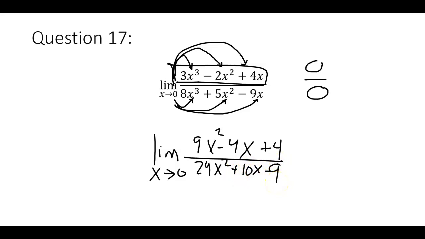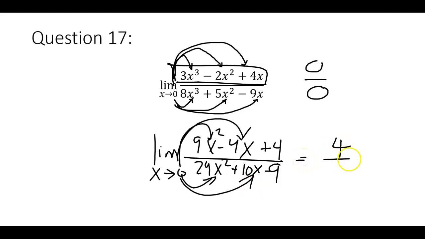Let's plug in 0 again and see what we get. That leaves me with the 4 on the top and the 9 on the bottom. I think it's a negative 9 though. And there's my answer. So L'Hopital on polynomials is a lot easier than using the factoring method.